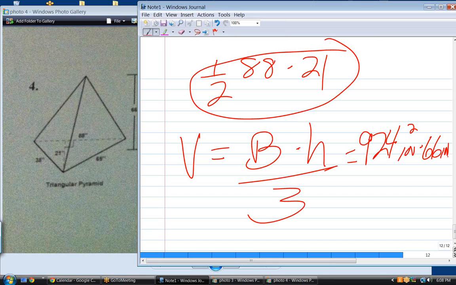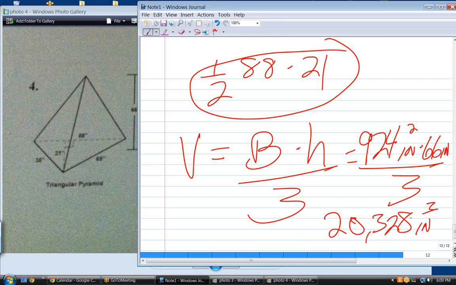So it's 924 times 66 divided by 3. What's that? 20,328 cubic inches. The volume will always come out right if you keep track of units. We got the area by 88 inches times 21 inches. Inches times inches gave us square inches. We multiply it by inches, we get cubic inches.